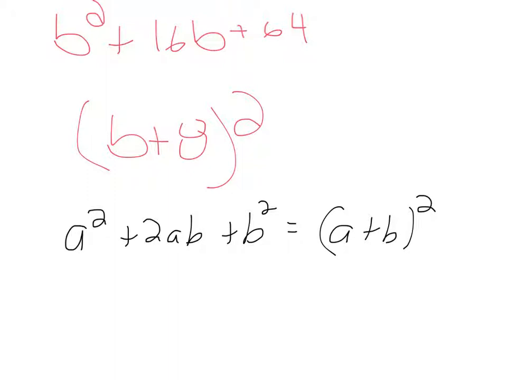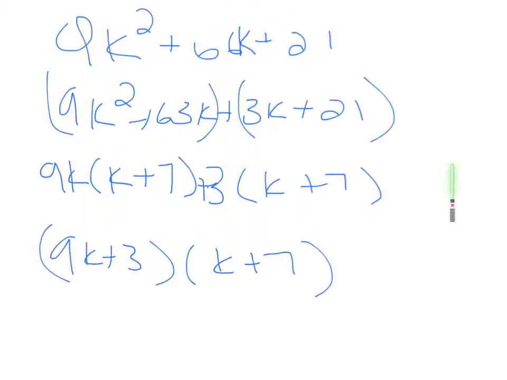Now, the key was that our first term was a perfect square, our last term was a perfect square, and if I took the square roots of those, being b and 8, multiplied those together, and also multiplied by 2, I ended up with my middle term of 16b. And so that's why we can jump right from this down to here. The b plus the 8 is equivalent to a plus b, where those are the square roots of the first term and the last term. So, nice job, guys.